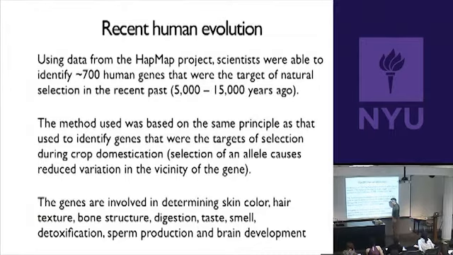So sperm production is an interesting one. This is a pattern you see in all animals, basically. If I give you an animal, I say, go study it and find me the genes that are under selection, you would find sperm production genes. And it's not really clear why this is. One of the ideas is that the act of mating actually presents an immunological challenge for a lot of organisms, that it's a chance to sort of transmit diseases, basically.